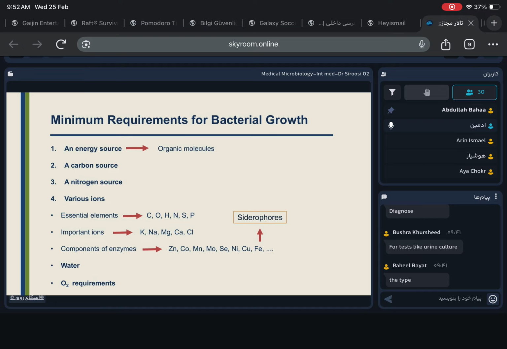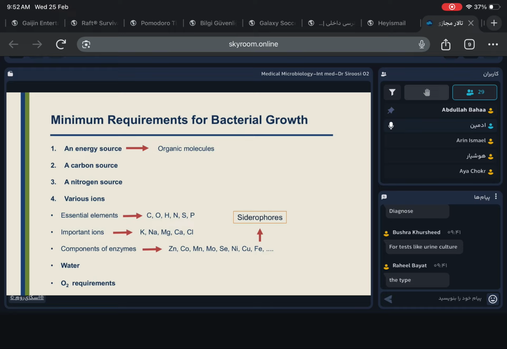We need molecular oxygen to stay alive. And this is not true about all types of bacteria. Some bacteria, yes, they need molecular oxygen for their metabolism to grow. But molecular oxygen is toxic for some bacteria. So if they are exposed to molecular oxygen, they will be dead.